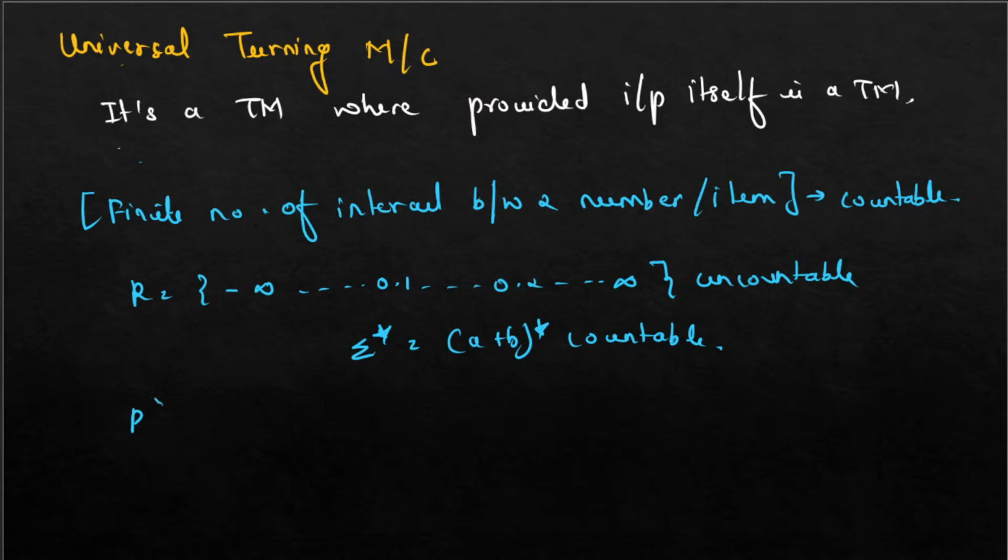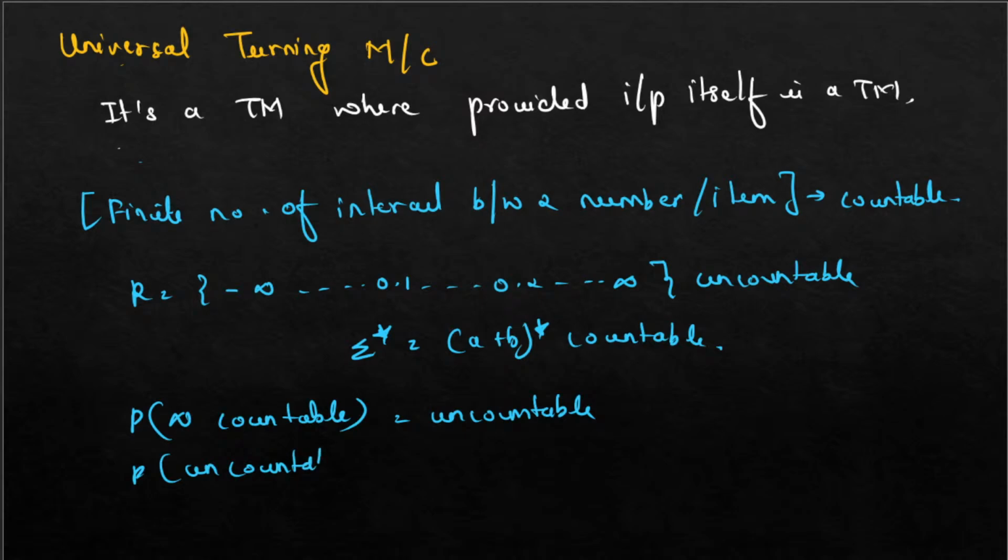So 2 to the power of a countable infinite set is uncountable.